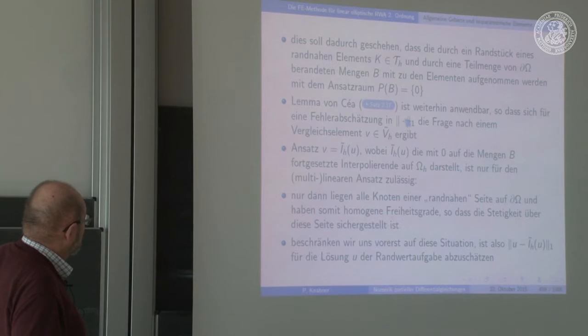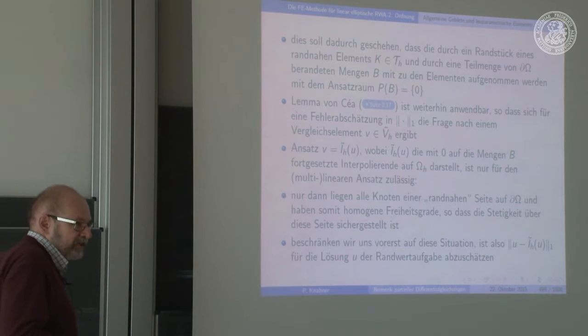So this I said already, Céa's lemma we can use. This I explained, how we, so to speak, put this informally. But now we have the problem that we have to look at the interpolation operator, which is extended in the sense that on all these sets of the type B it is just identically 0.